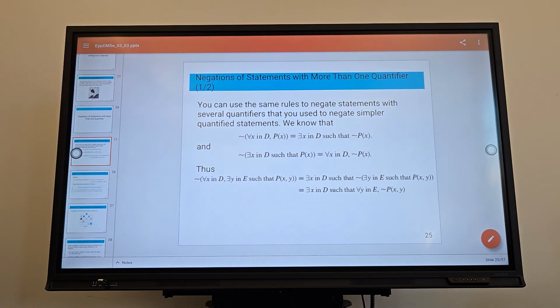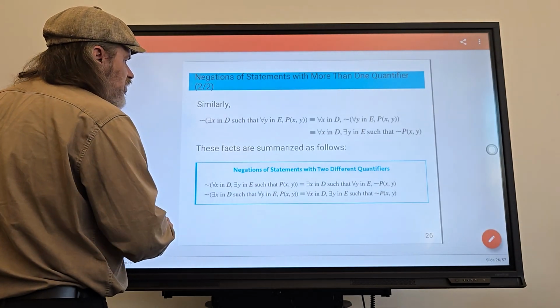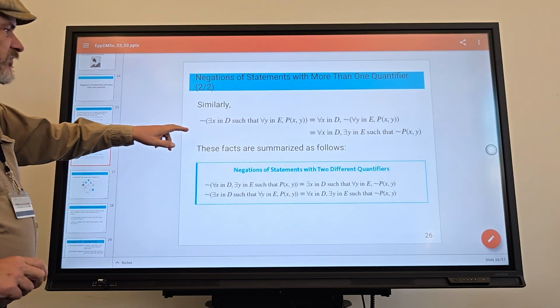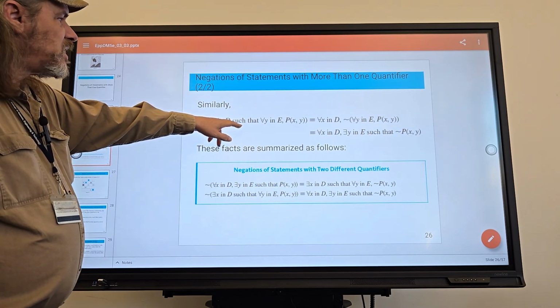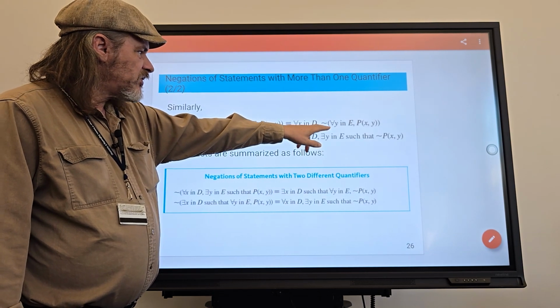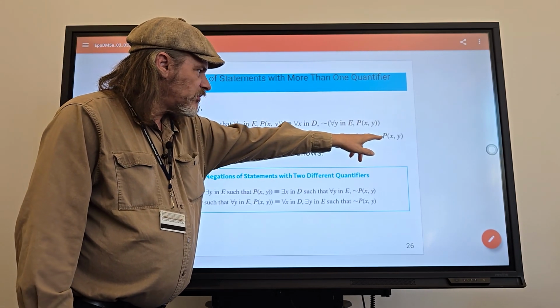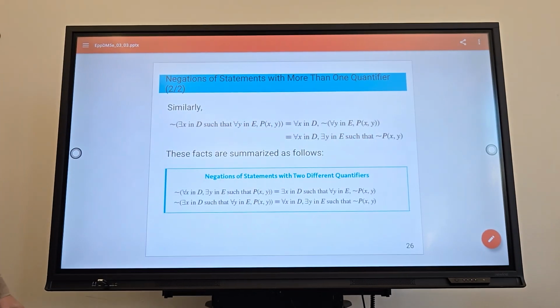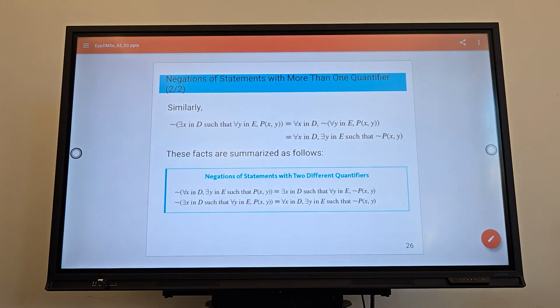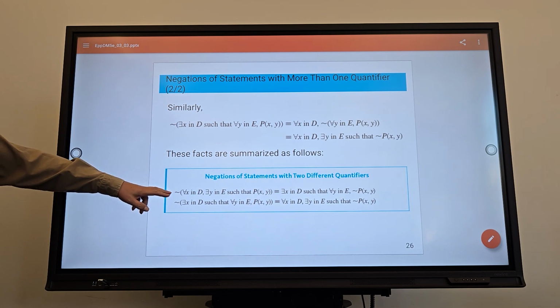You flip the order of the quantifiers and invert the property that they would satisfy. Similarly, if the existential comes first, you have the universal with the inverse of the property. So negations of statements with two different quantifiers are summarized here.